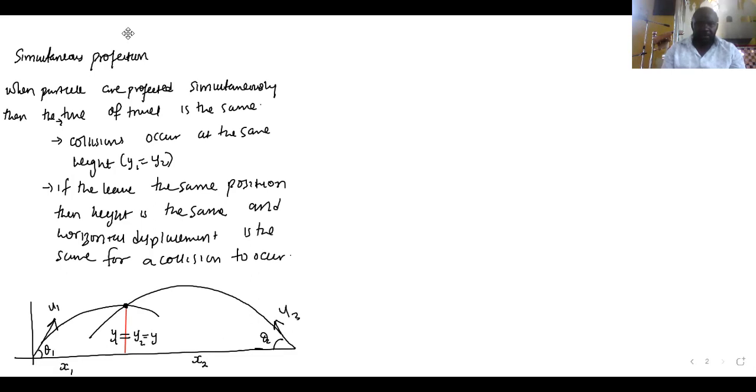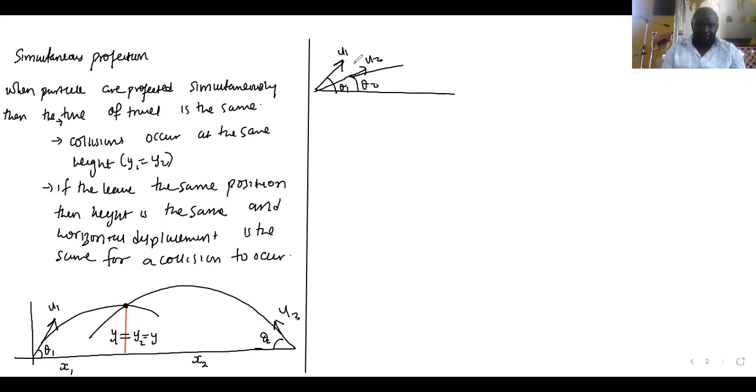Then the second situation is what I've talked about. When we project them from the same point, the initial speed u1, and then you project another one with initial speed u2, project this one with θ1, project this one with θ2. And then these particles, as they are moving, they end up colliding. Here where they are colliding, they are going to collide at the same height.